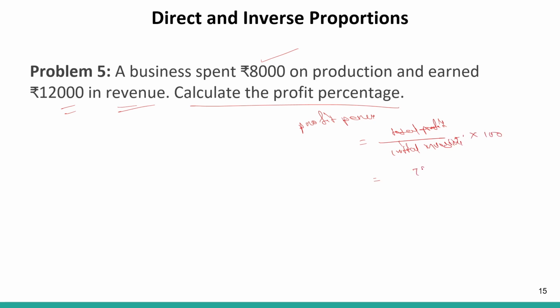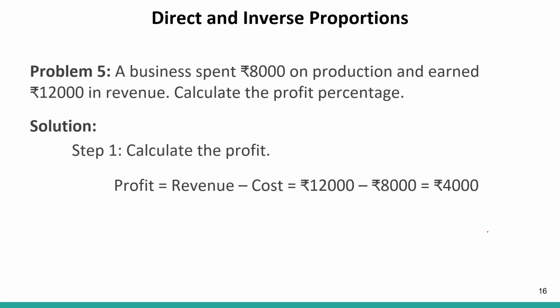In this case, it is 12,000 whole by 8,000 into 100. Cancel the zeros: 1200 by 8 is 600 by 4, which is 150. So 150 is the profit percentage.